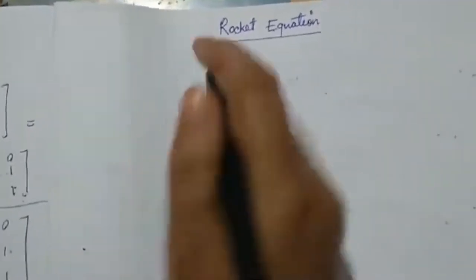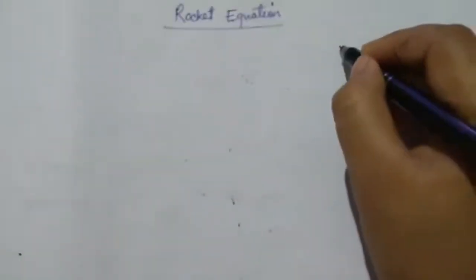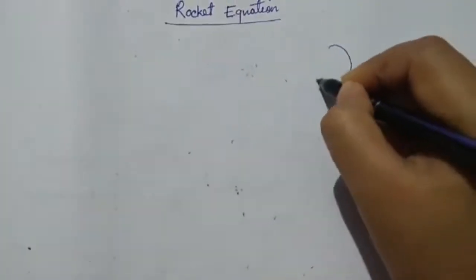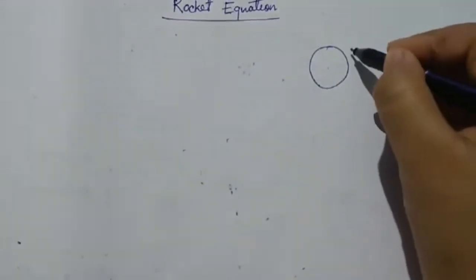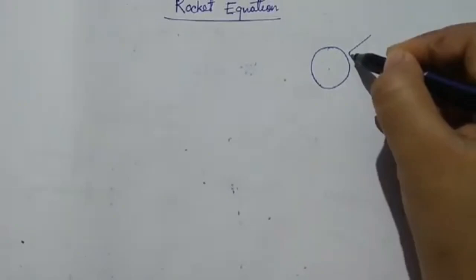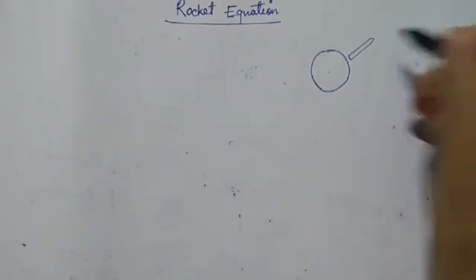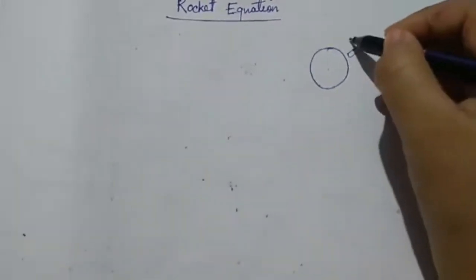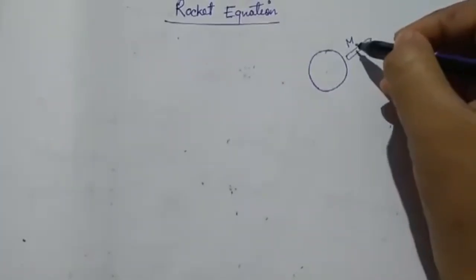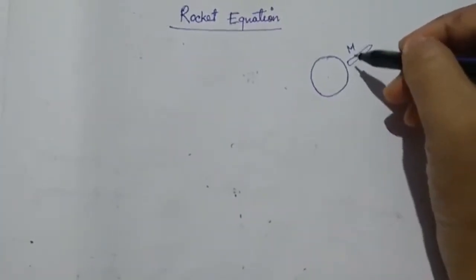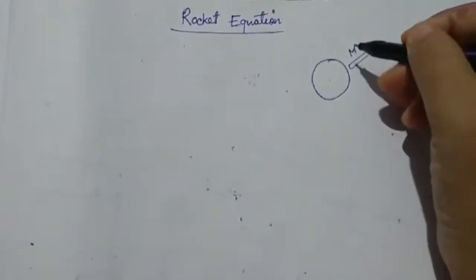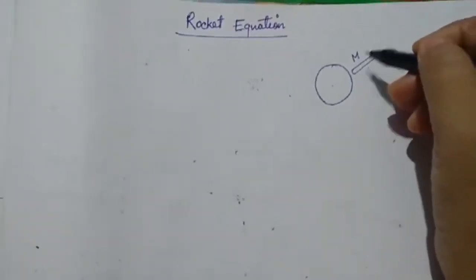Imagine that this is Earth, and the rocket is leaving Earth. At a certain instant of time, the mass of the rocket is capital M. When I say capital M, it includes the fuel mass, the payload mass, and the body of the rocket.